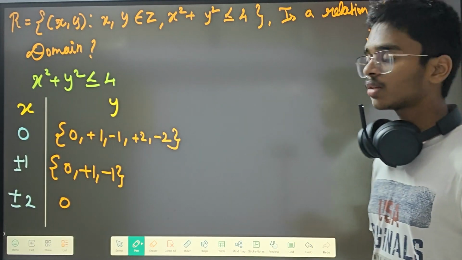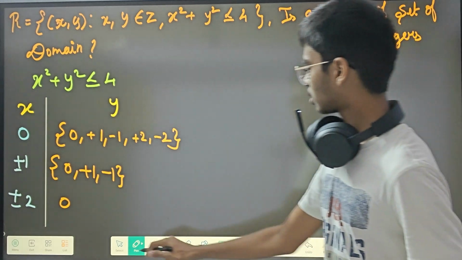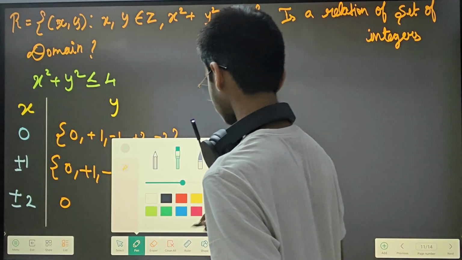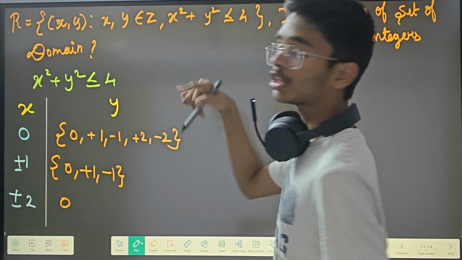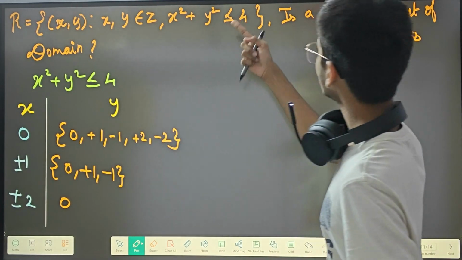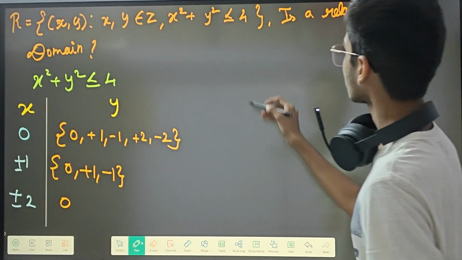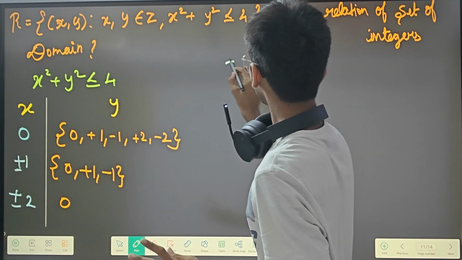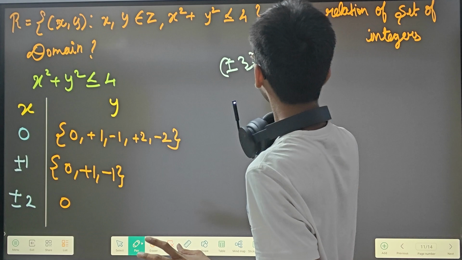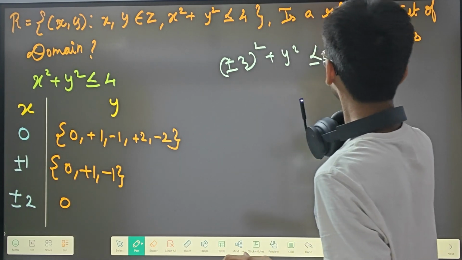Now try with some other values. Why don't you try with plus or minus 3? Here if you are putting 3, so plus or minus 3 the whole square plus y square is less than or equal to 4.